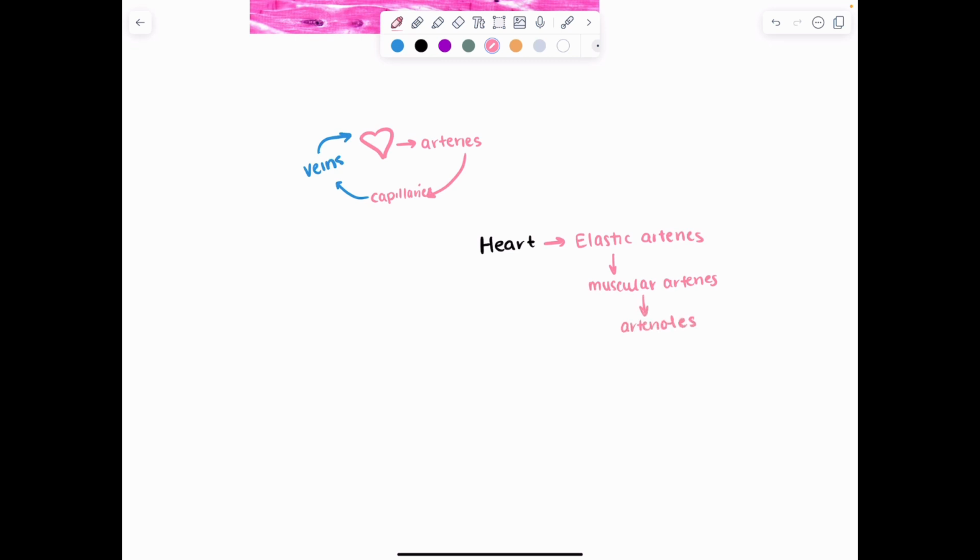The arterioles are what then connect, I'll do in yellow, to our capillaries. And then from our capillary, we're going to come back up through our venule, from our venule to our vein, and then from our vein to our large veins, like inferior vena cava and superior vena cava. And then that brings me back to my heart. So that was kind of my more expanded version of that list.